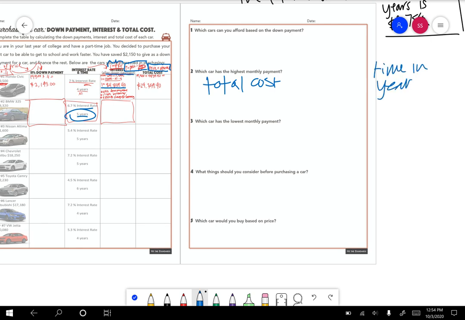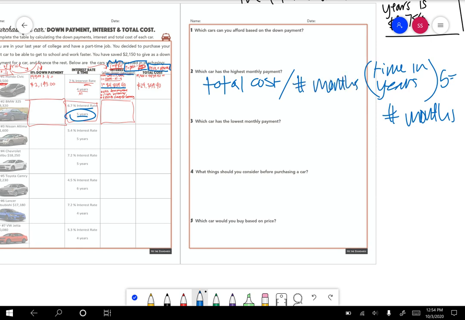And if we're looking at monthly cost, well, there's 12 months in a year. So we would multiply that by 5, and that would give us the number of months that we're making payments. Okay. And then we would divide the total cost by the number of months.